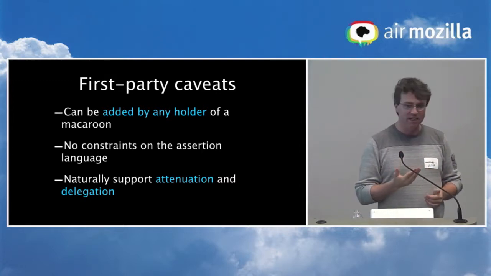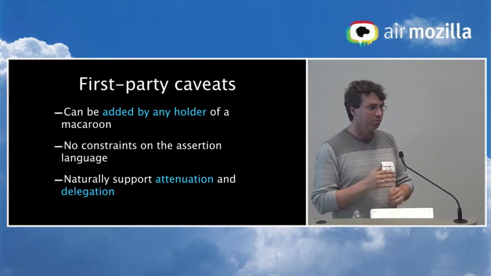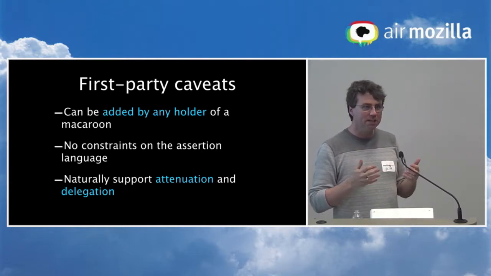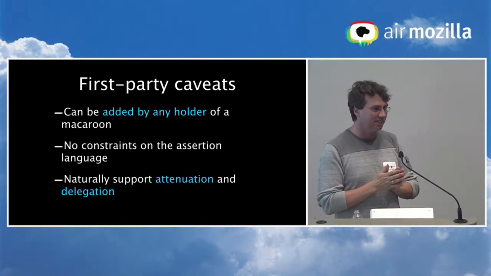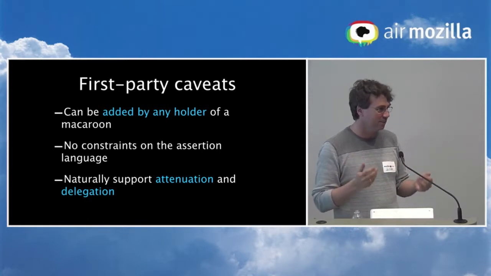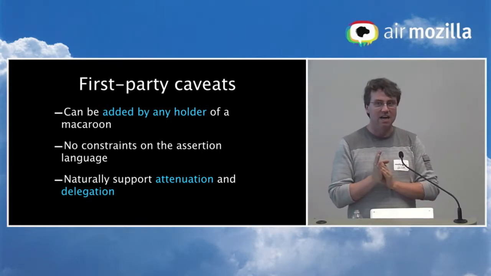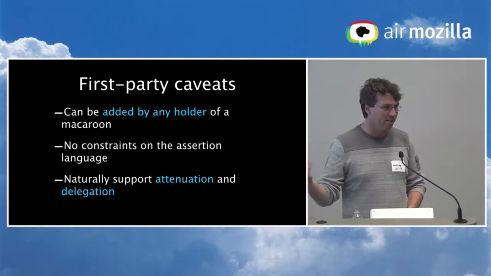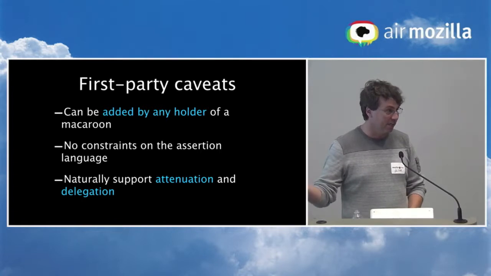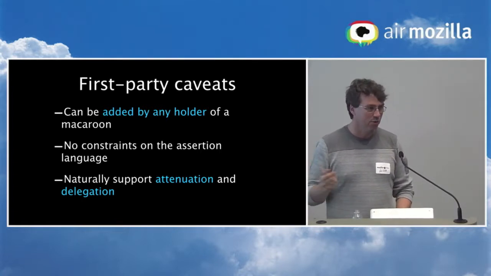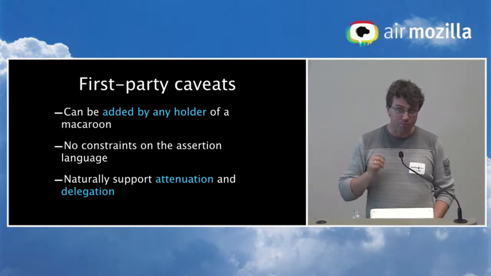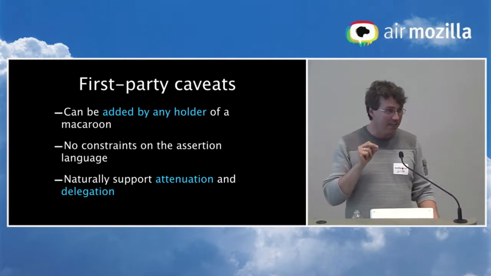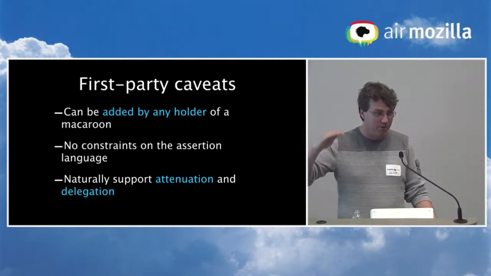The car has to recognize all of those conditions. So there are no constraints. Presumably there are some globally recognized constraints like time and so on, maybe even location. But the car could have all kinds of constraints that are only recognized by that particular brand of car, like don't drive faster than 20 miles an hour, and so on and so forth.